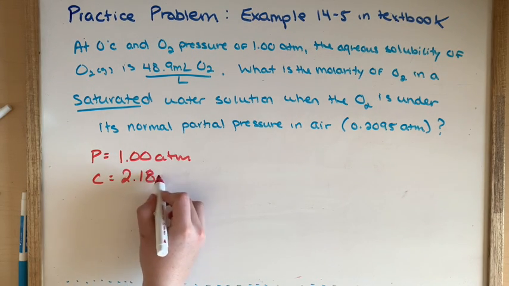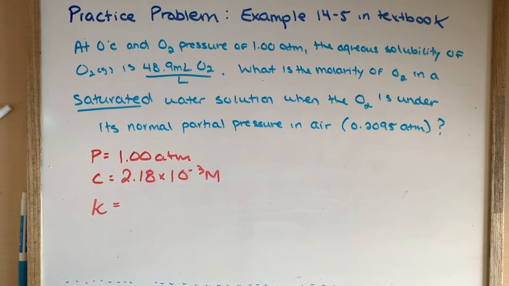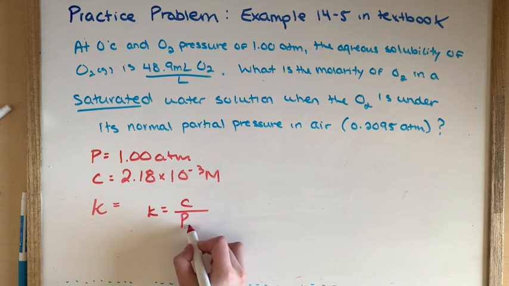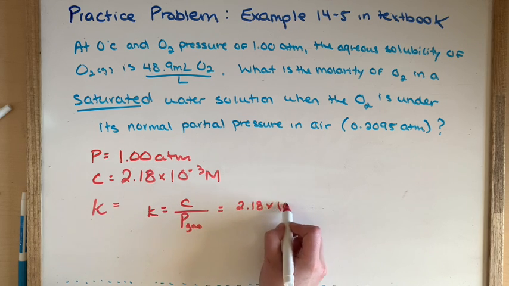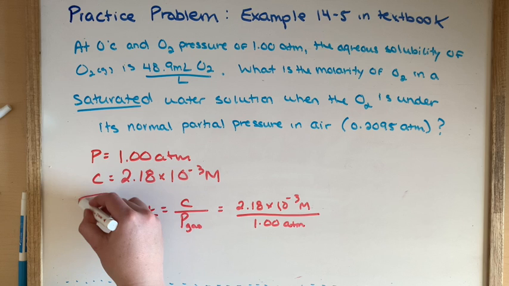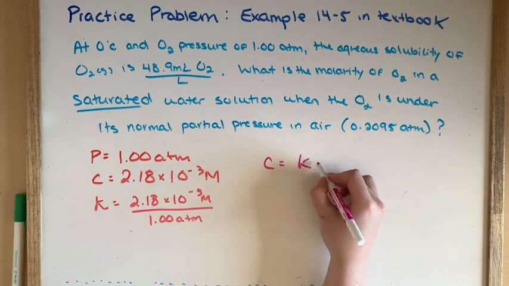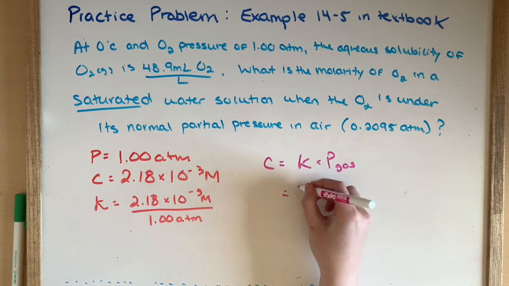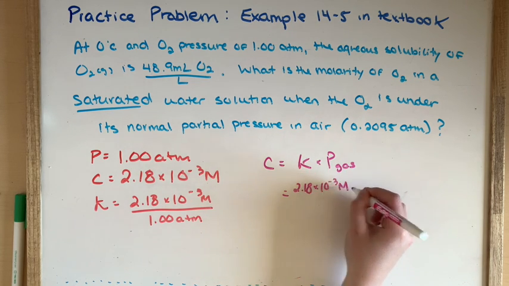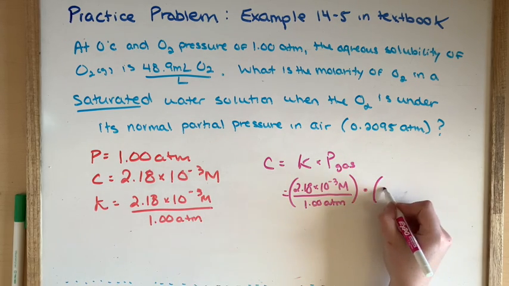We can write that out with our other known values, and then next all we need is K to put into the expression. K is equal to C divided by P if you rearrange the formula. So you can enter those numbers: 2.18 times 10 to the negative 3 divided by 1 atmosphere is your K constant value. Now you can enter that into the equation to solve for your C of the oxygen at the normal partial pressure in air.